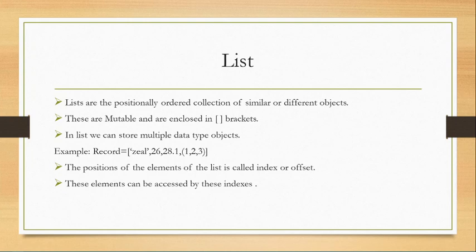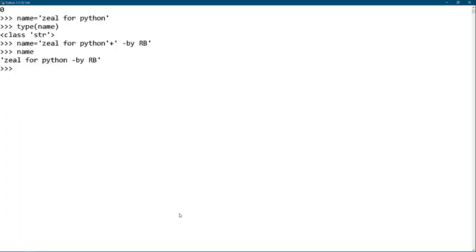For example, record: zeal is my one element, 26 is another, 28.1 is another, and (1, 2, 3) is another.